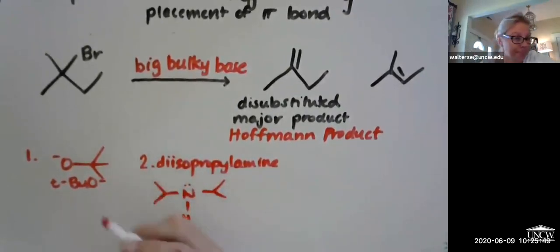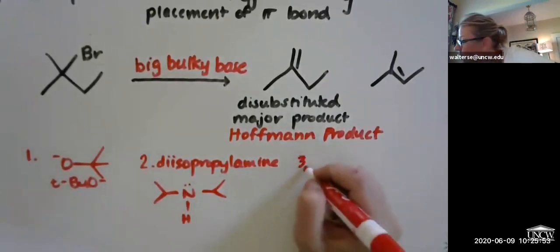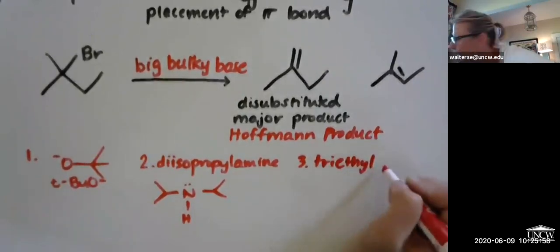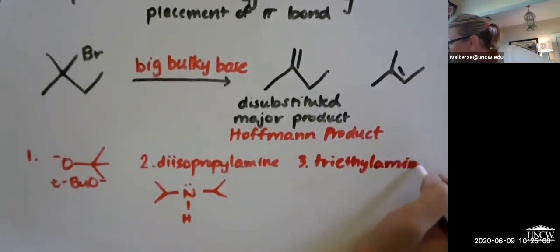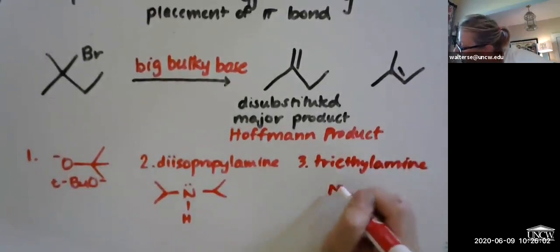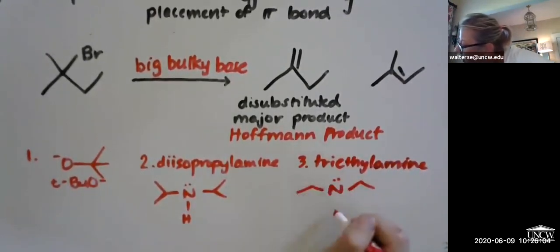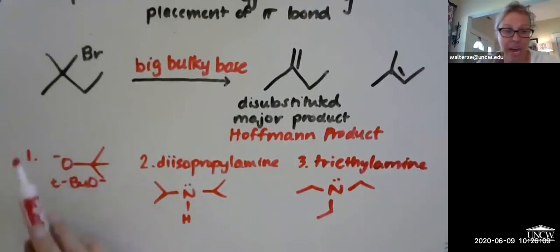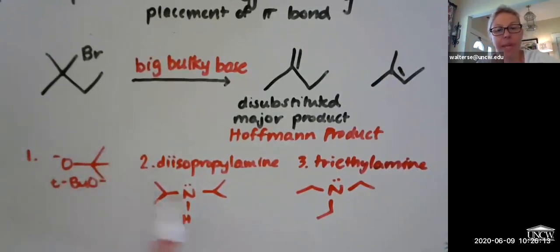And the last one is called triethylamine. The one that is most common is tertiary butoxide. And in an E2 elimination, the big bulky bases are going to make the Hofmann product dominating.